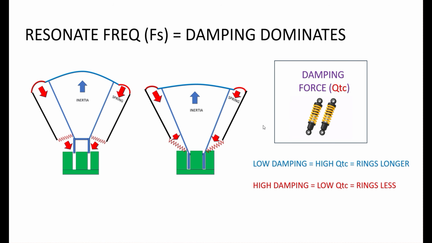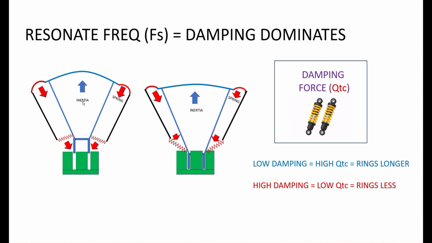When we have damping involved in this, we're at the resonant frequency, these forces are balancing out, and the only thing that's really stopping this speaker from continuing to oscillate, or determining how long it oscillates for, is the level of damping. So if we have low damping, a high QTC, this is going to oscillate longer because we have weak mechanical damping, we have weak electrical damping, and this natural oscillation that wants to occur is going to keep going on.